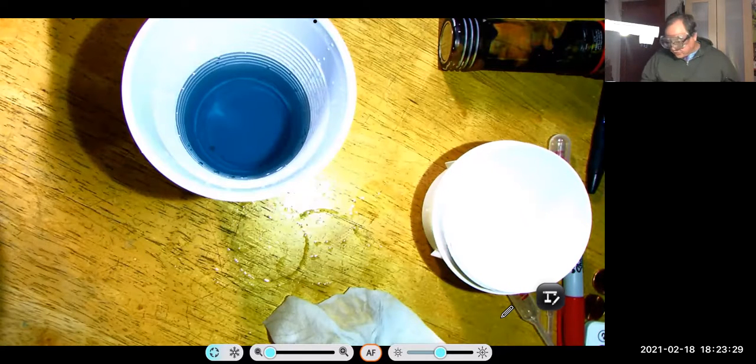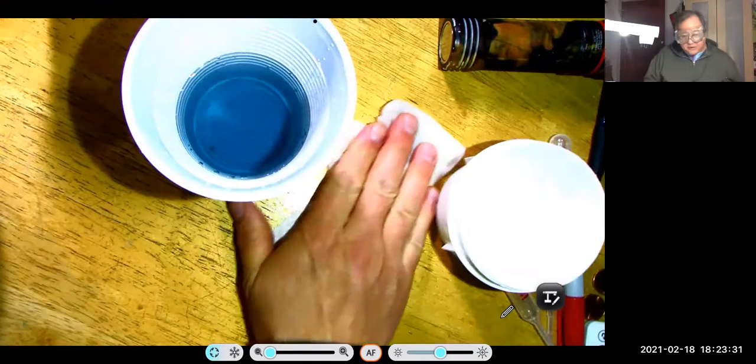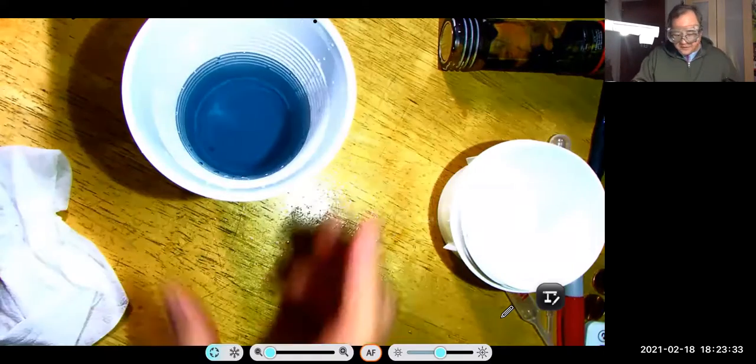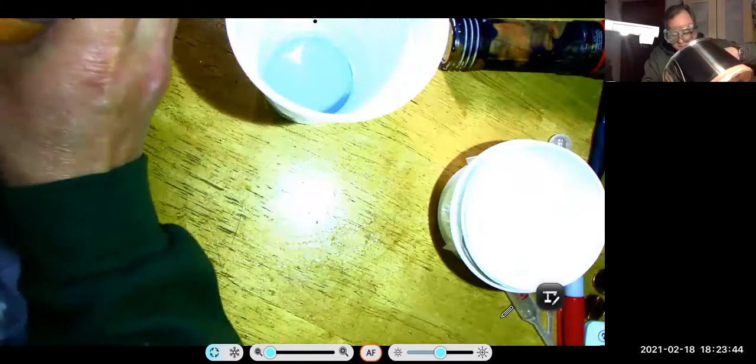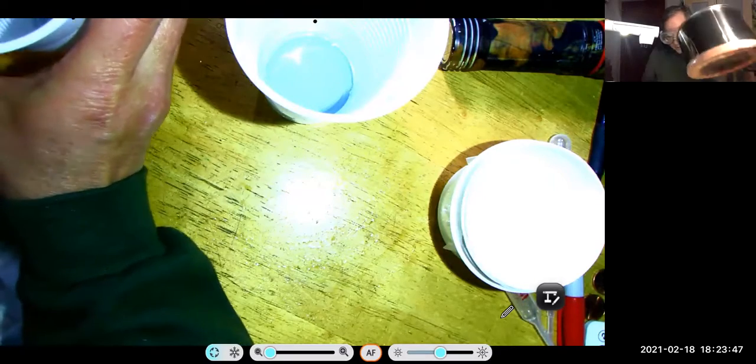And I'm not using any sort of special water here. It's not distilled water, it's just tap water. So I'm going to pour a little bit of this into each container. And hopefully they all look the same color.